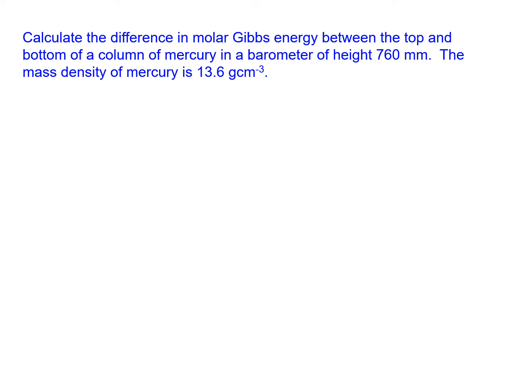Question number 2. Calculate the difference in molar Gibbs energy between the top and the bottom of a column of mercury in a barometer of a height of 760 mm. This question is about the Gibbs energy difference of a liquid between the top and the bottom.